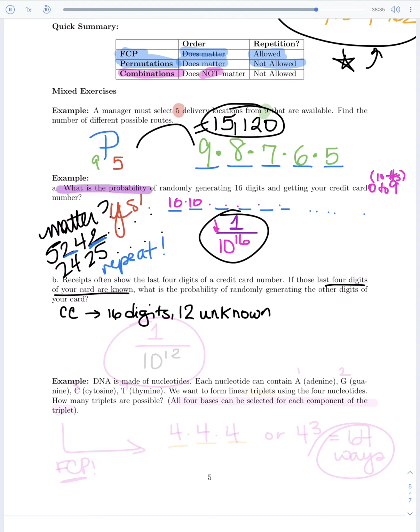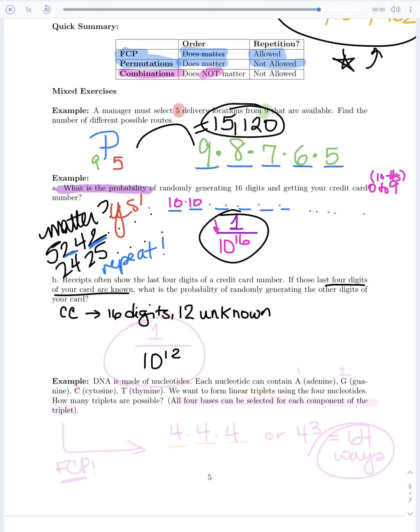So instead of 10 to the 16th like the last time, we have 10 to the 12th this time, because I've only got 12 numbers I don't know, but they could still be any of the 10 numbers. So what's their probability of guessing these 12? Still like the same one. There's only going to be one like that.